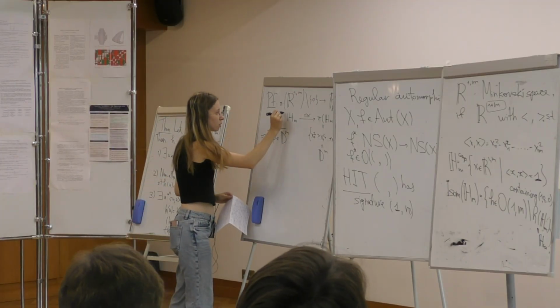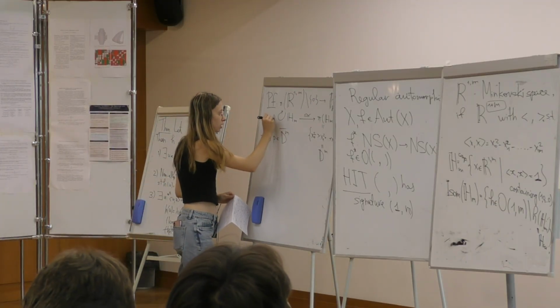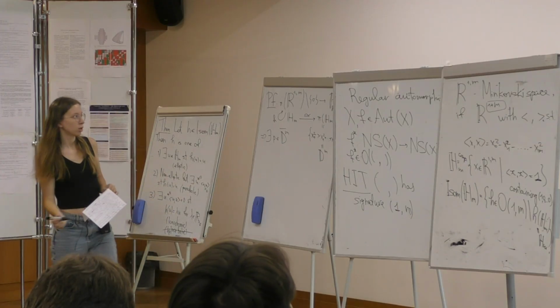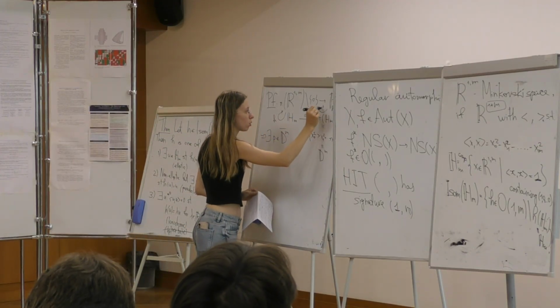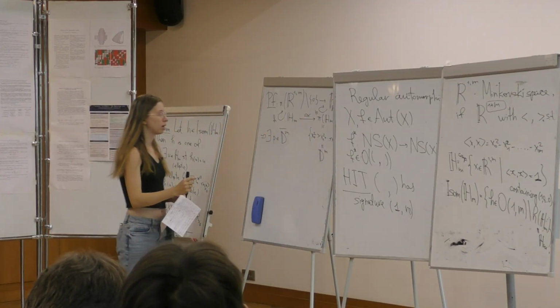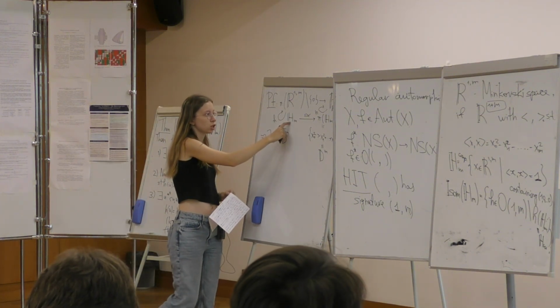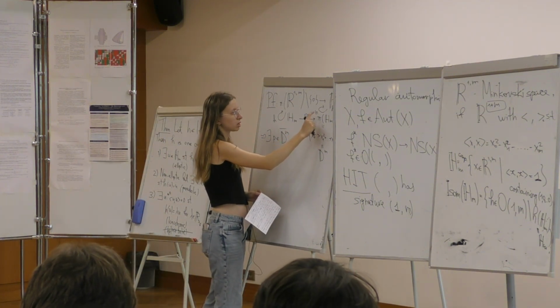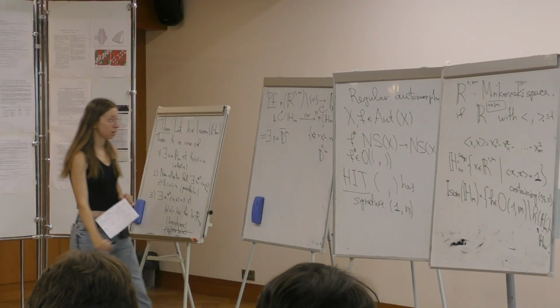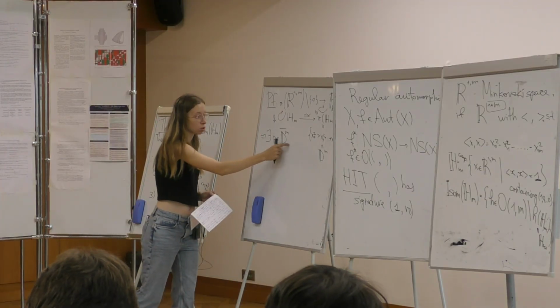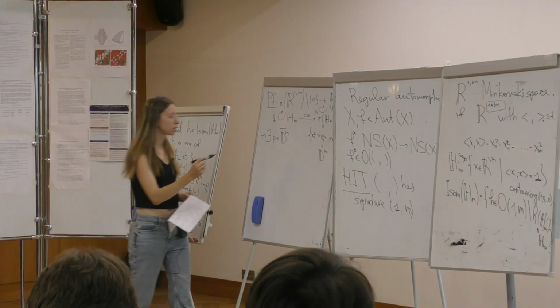So here we have our isometry h. It induces a map on the projective space. An isometry preserves HM, so it preserves the image of HM. So it preserves this closed disk.